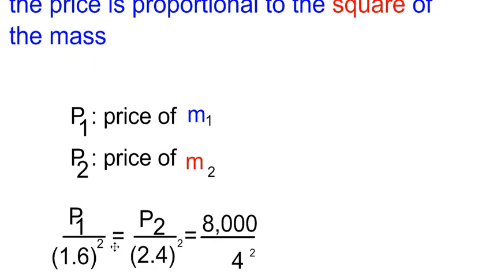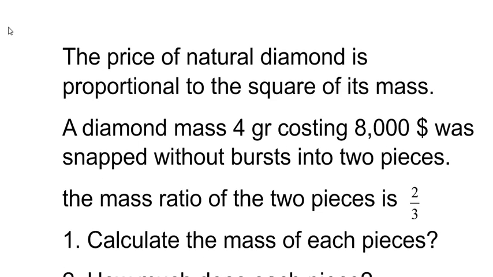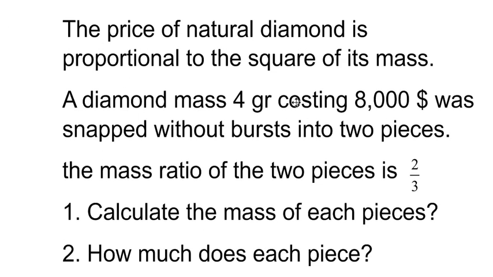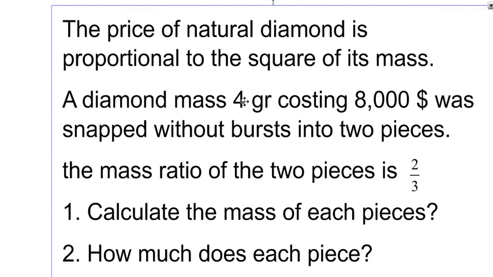So P1 over 1.6 squared is equal to P2 over 2.4 squared, and the whole diamond with 4 grams mass costs $8,000.